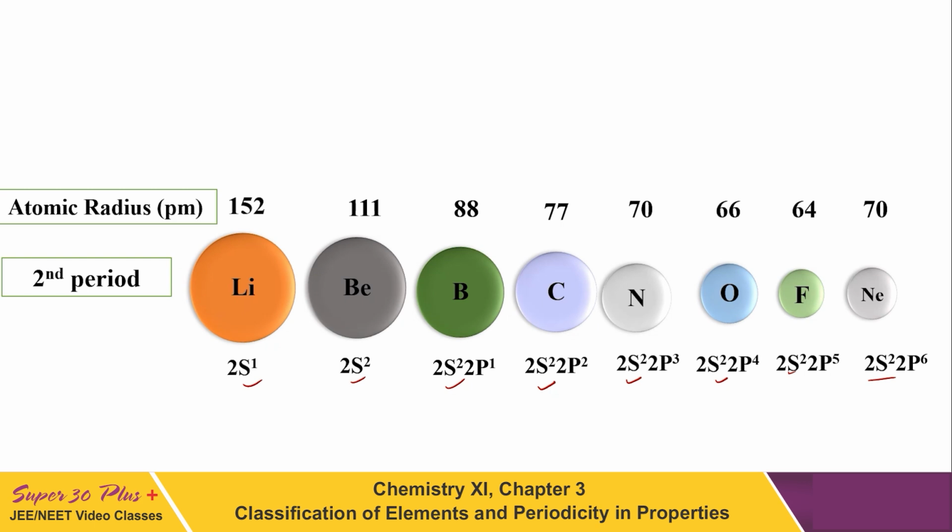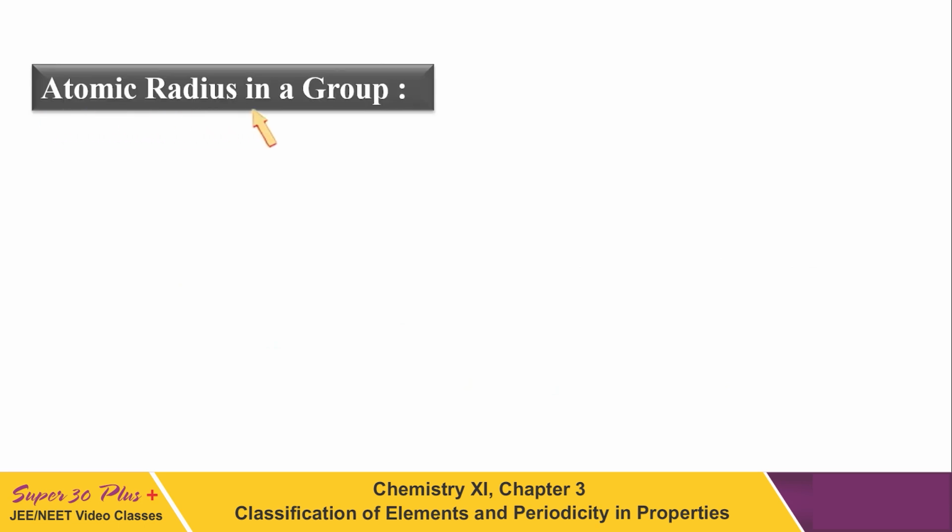Although at the end of the period there is a slight increase in size because of the van der Waals radius, these are the values. You see, there is a significant decrease in the atomic radius when you go left to right in the periodic table across the period. But what about the atomic radius in a group?